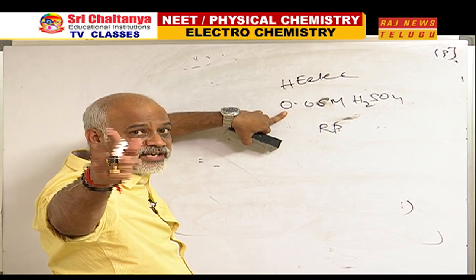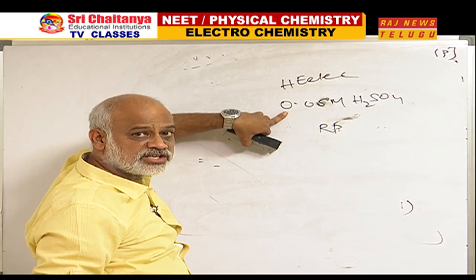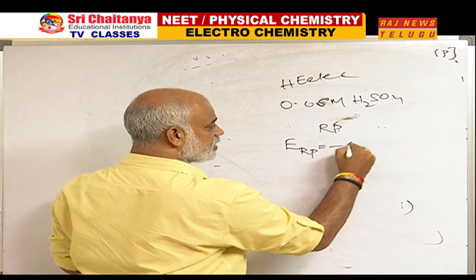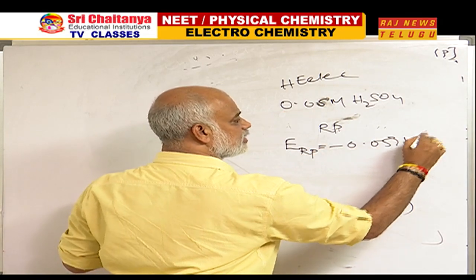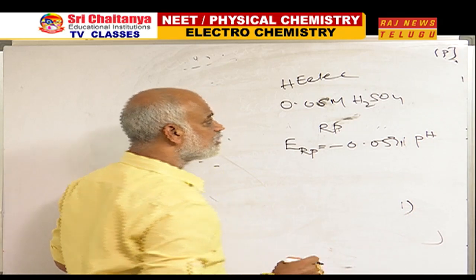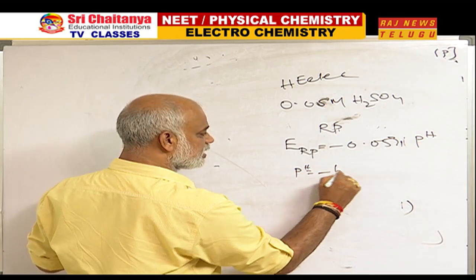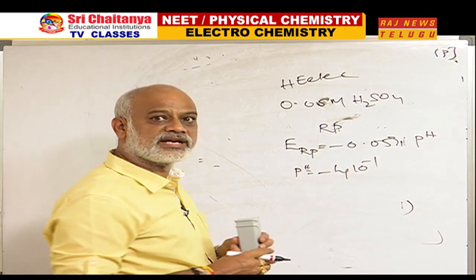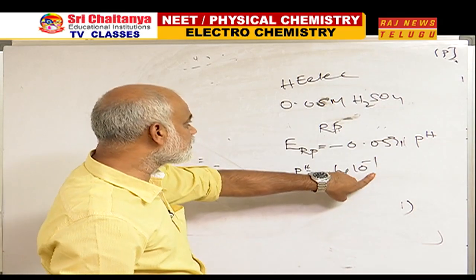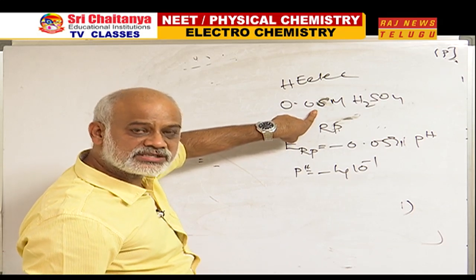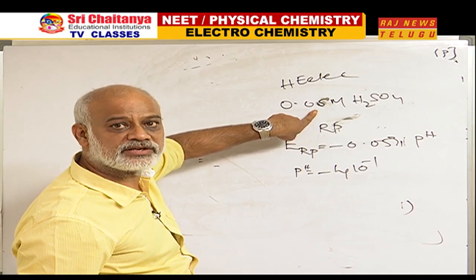Do we have a relation between reduction potential and pH or not? Yes. ERP is equal to minus 0.0591 into pH. What is pH equal to? pH is equal to minus logarithm of 10 to the power minus 1. Why 10 to the power minus 1? 0.05 is the molarity. 0.05 into 2 will be the normality.